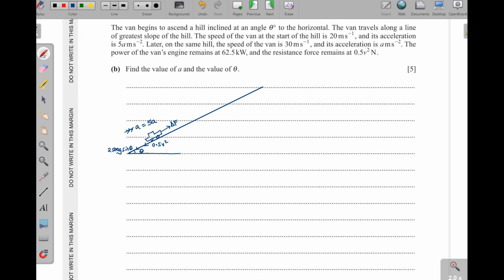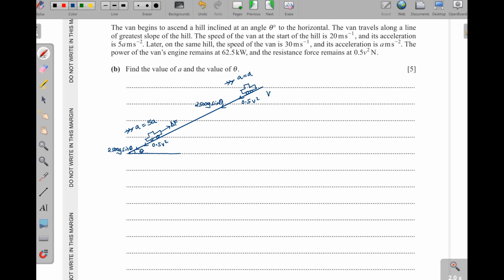Then the same van, let's say, at this point here, its acceleration is a, and the resistance force is this 0.5 V squared, and there is still the mg sine theta. You see that?